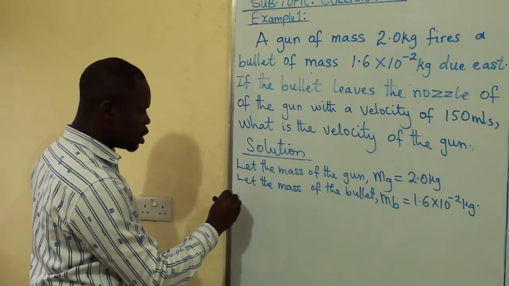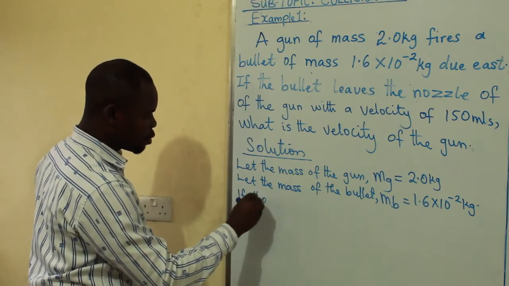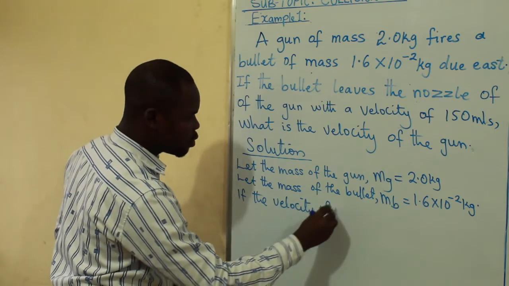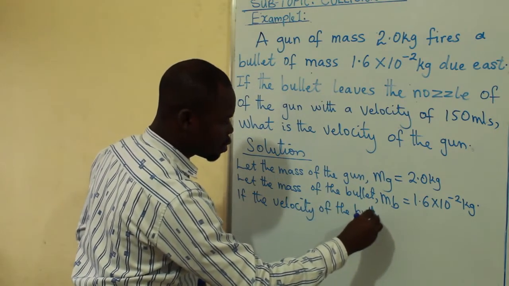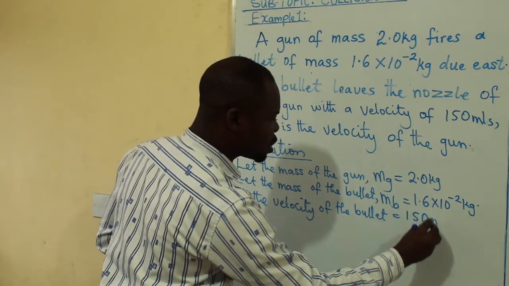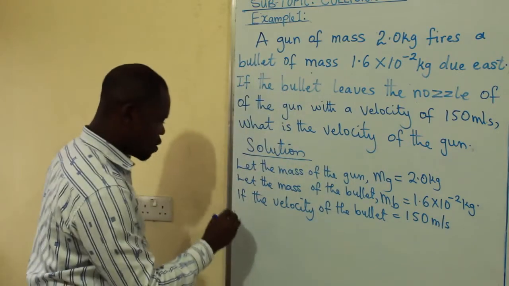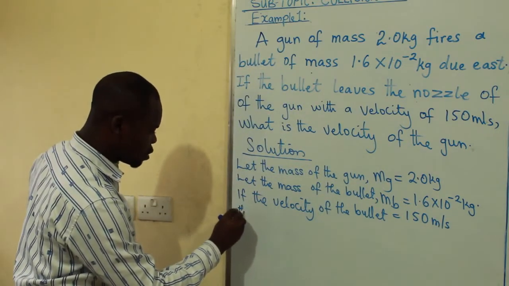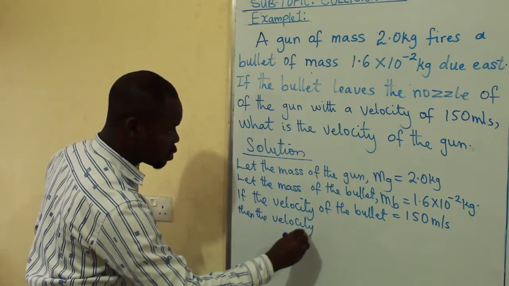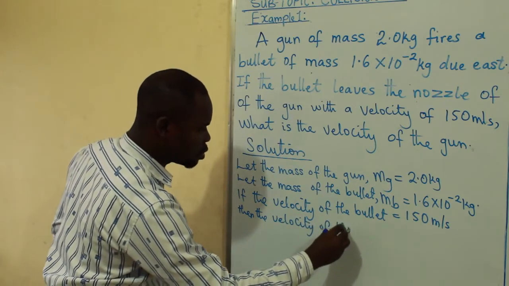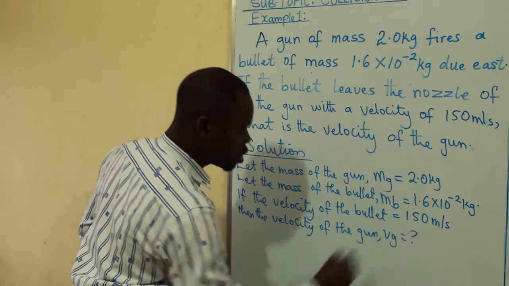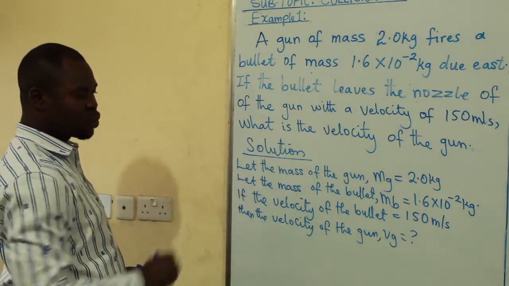If the velocity of the bullet equals 150 meters per second, then the velocity of the gun, Vg equals question mark. That's what we're looking for.